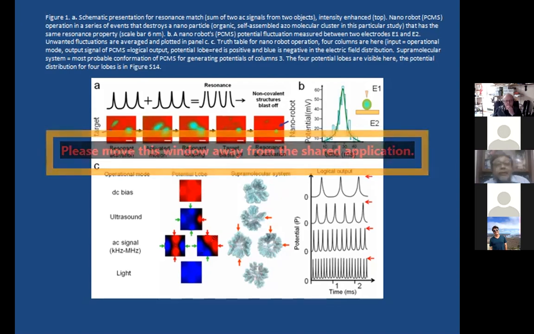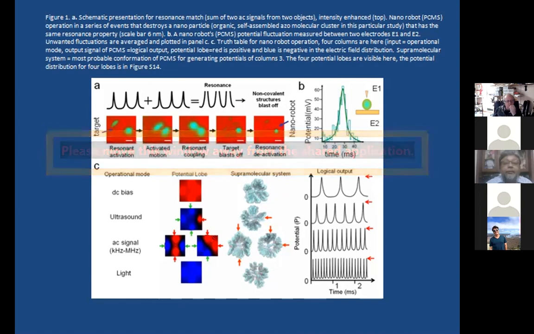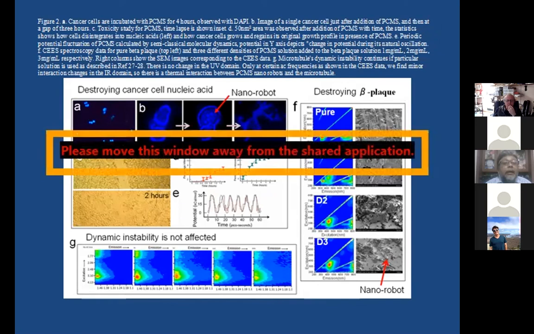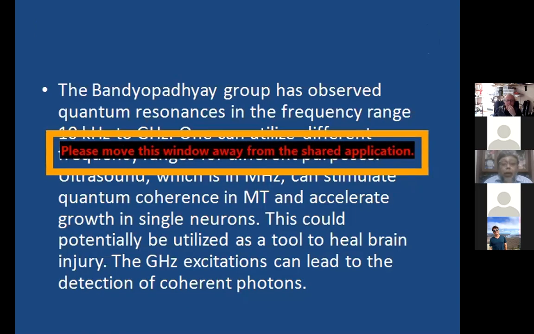You can see how to tackle these problems. That would be the application of this kind of study when we talk about destroying cancer cells using this kind of nano robot. This is the quantum resonance we are talking about.